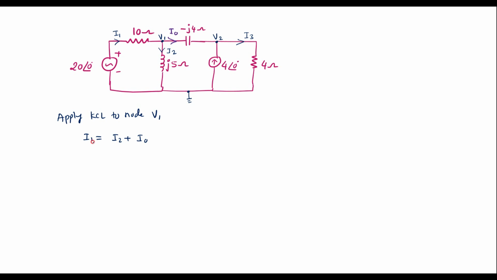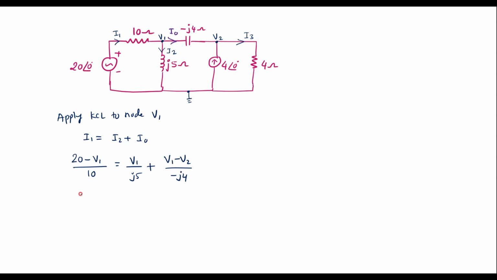So I1 is equal to (20 minus V1) divided by 10, which is equal to I2, that is V1 divided by j5, plus I0, that is (V1 minus V2) divided by minus j4.